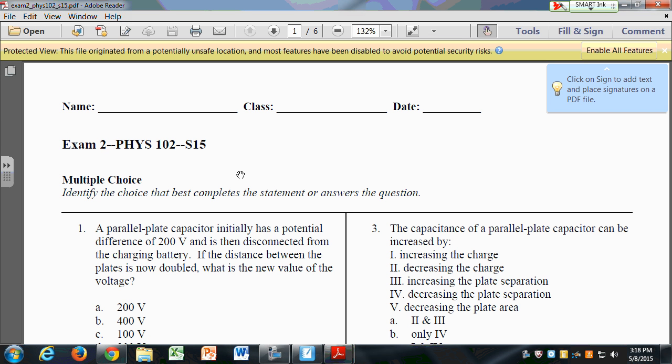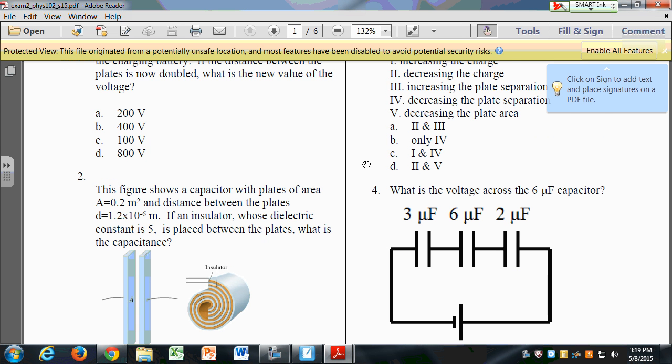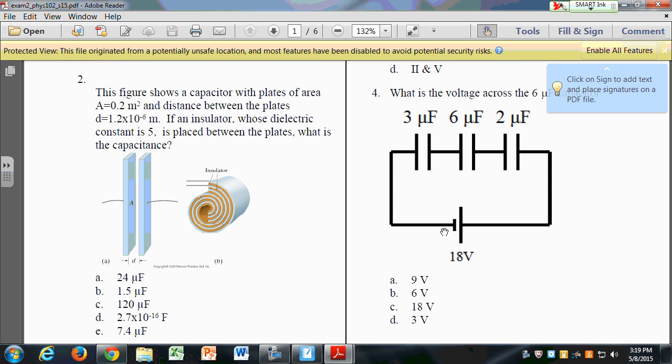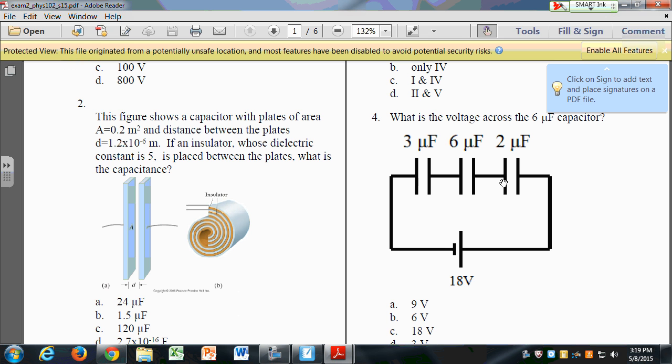All right, so exam 2, capacitors. You will have some circuits. Make sure that you're up on doing the circuits. So, for example, on this circuit, I could ask, what is the charge across the 3 microfarad capacitor? I could change the values of the capacitors, or I could even give it as a simple parallel circuit.